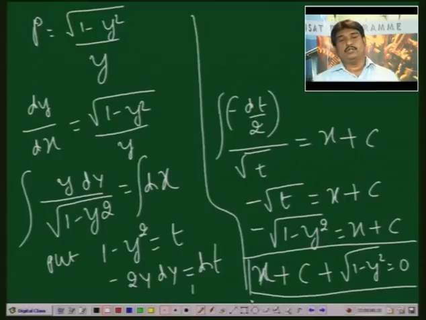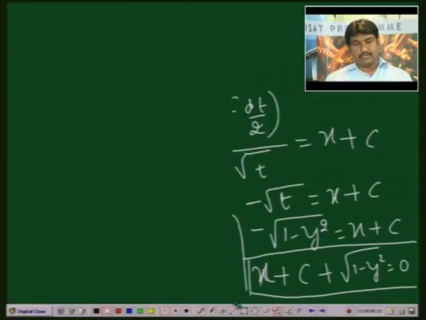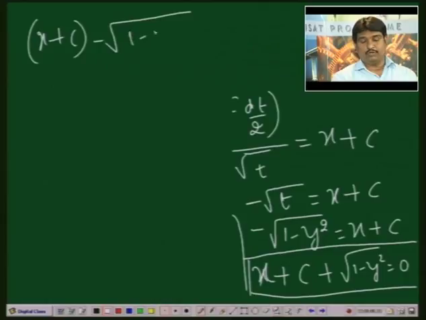This is the solution corresponding to the factor p equals root of 1 minus y square by y. Similarly, if you start with the other factor, the negative term, you will get the solution as x plus c minus root of 1 minus y square equals 0.